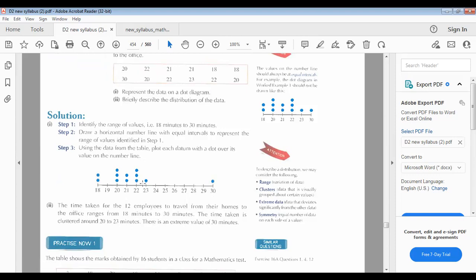If you see 20 minutes to 23 minutes, this is the group, so the clustered data is at 20 to 23 minutes. Next, there is an extreme value of 30 minutes, because after 23 the next record is 30. From 24 till 29 there is no record.